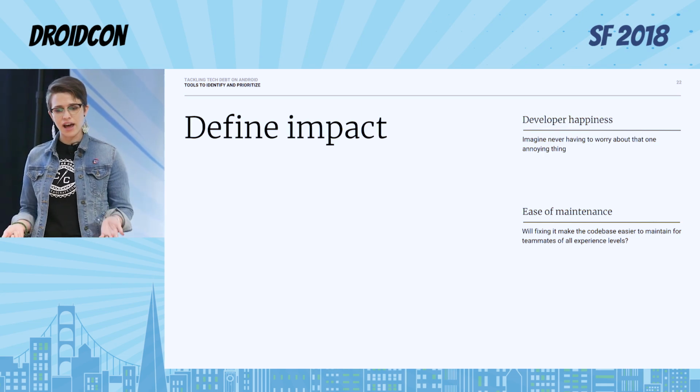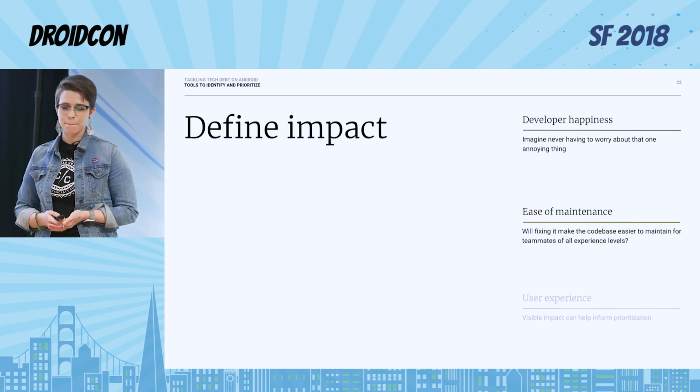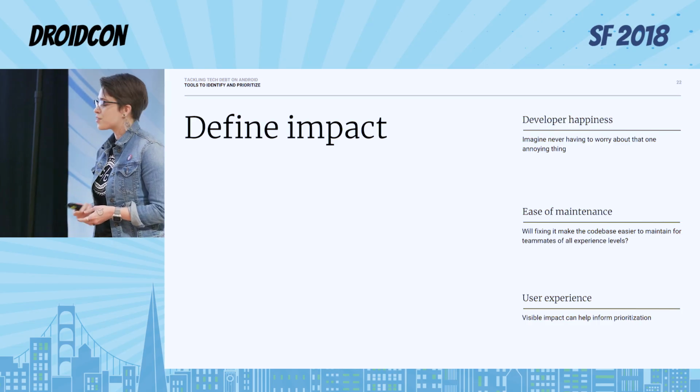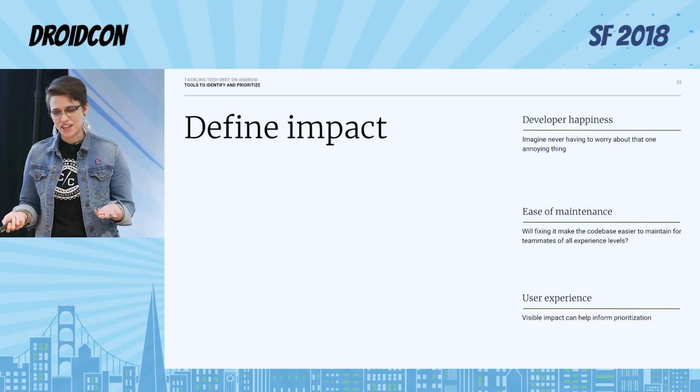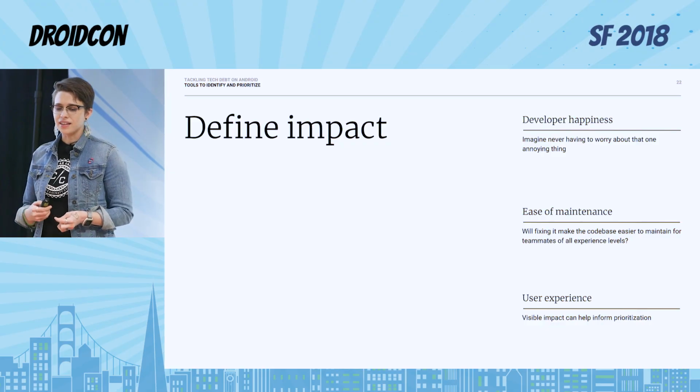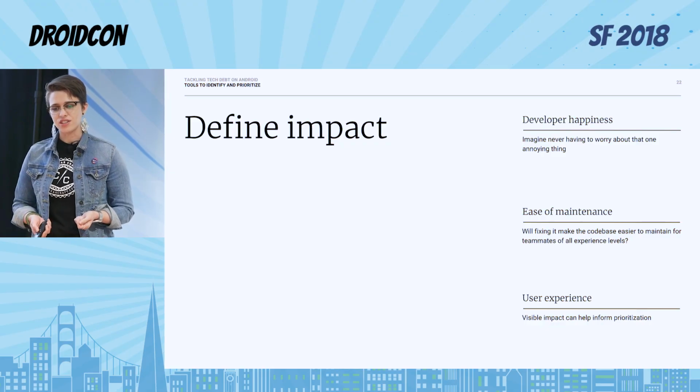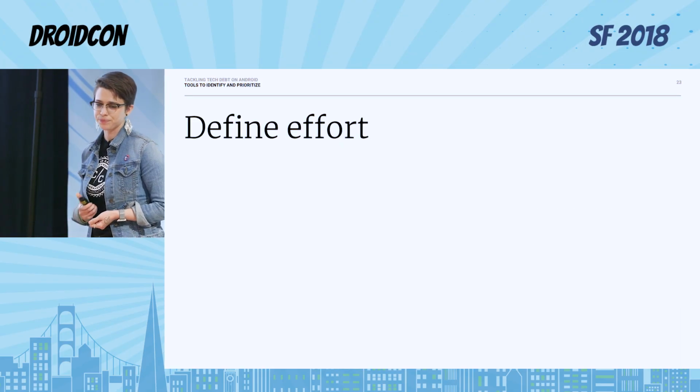Is there a consistent pattern that can be found? And finally, and this one's probably the easiest to get manager approval with, does the user experience change if you tackle this tech debt? If you have a visible impact for your change, that can really help inform prioritization.